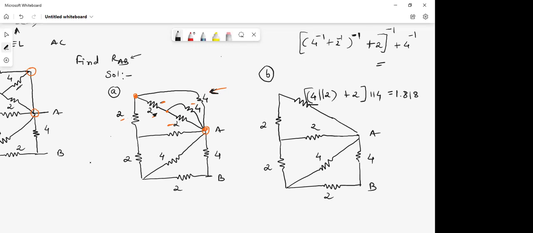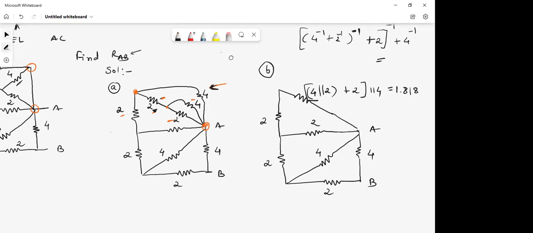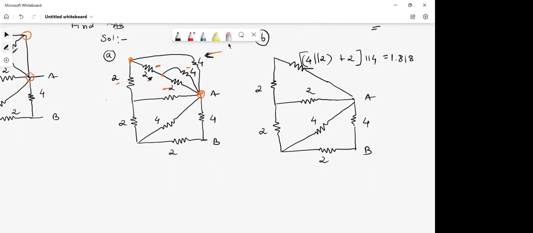Anyone who is facing difficulty? Now we'll take step C.